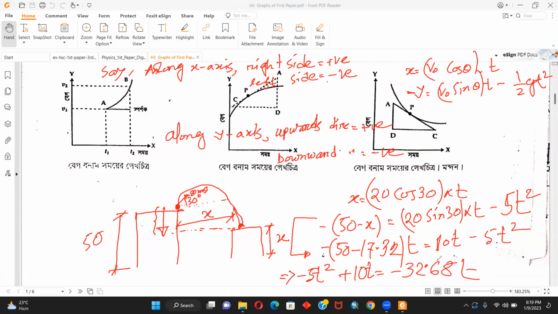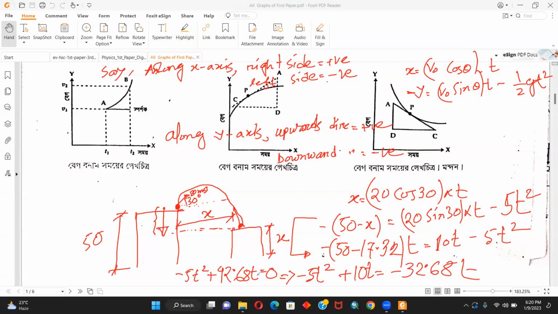Now let us take this back here. So we will get minus 5t squared and then 32.68 plus 10. It will be 42.68, right? Understand my point? Yes. Equals 0.